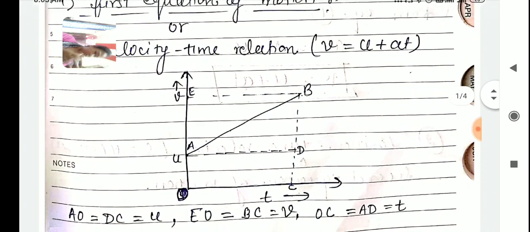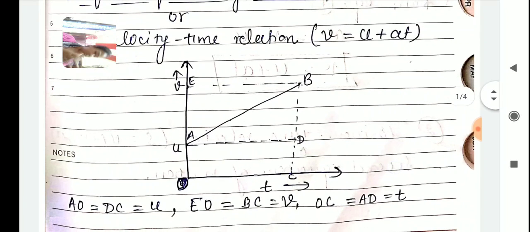To derive this relation we use the graph between velocity and time. We already know about this graph for uniform acceleration. That means if you have one straight line in the velocity-time graph, that represents uniform acceleration. But we have two conditions for that.